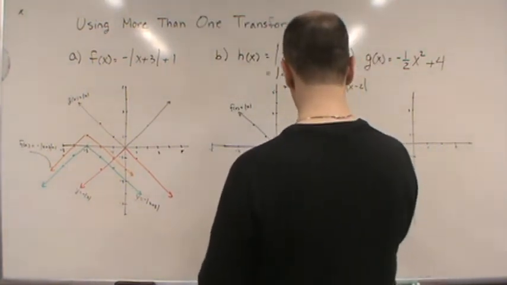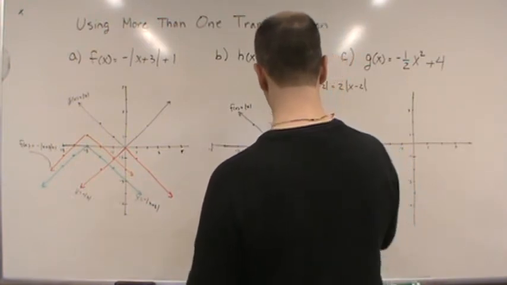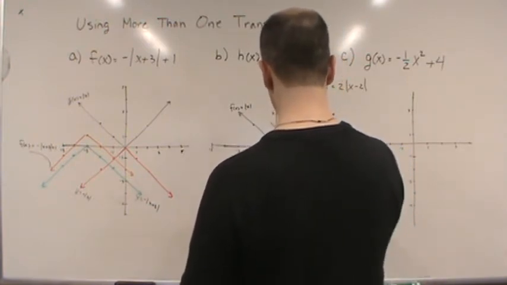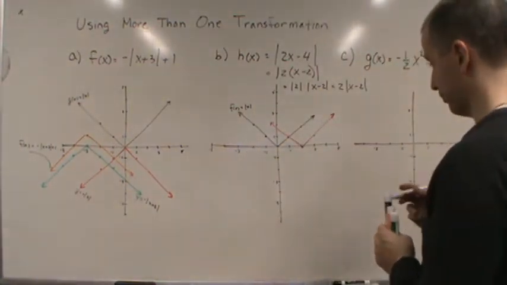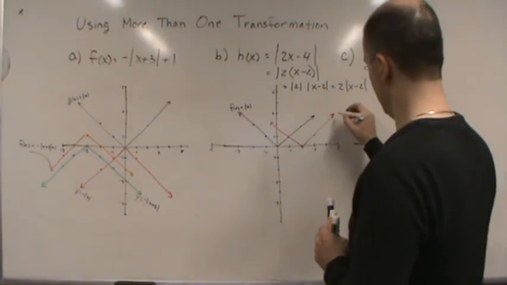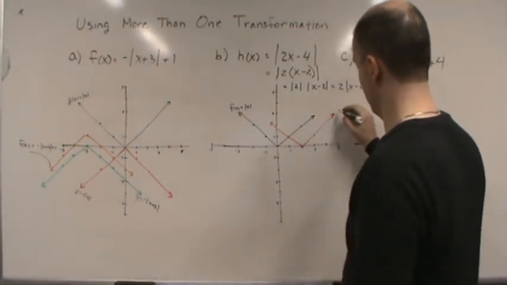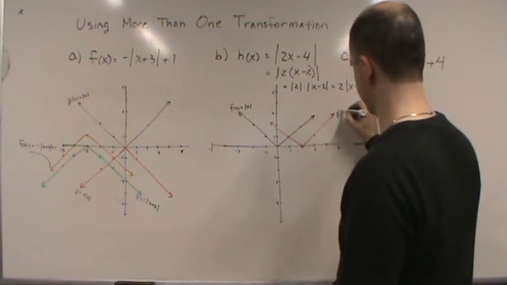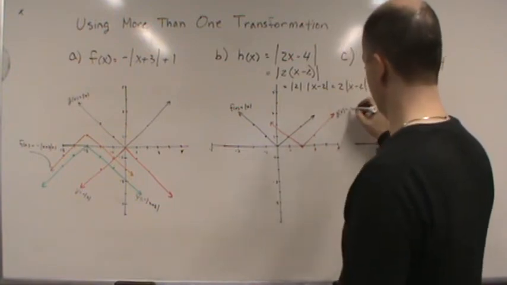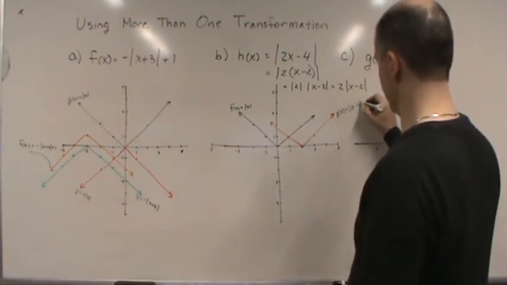Okay, and so this becomes that. I'm a little off, but like that. Okay, now this is the translation. So this is going to be, let's call it g of x equal to the absolute value of x minus 2.